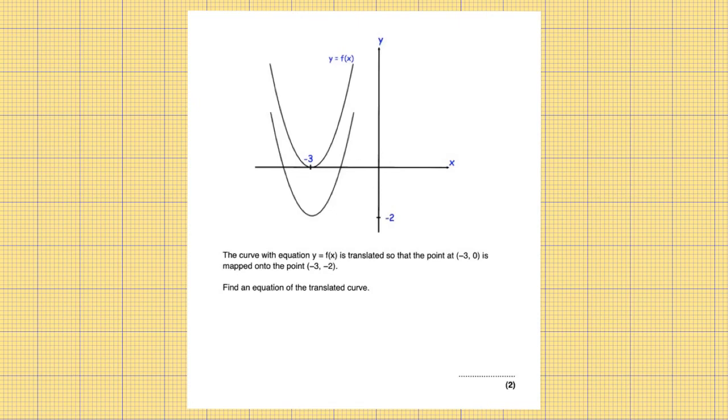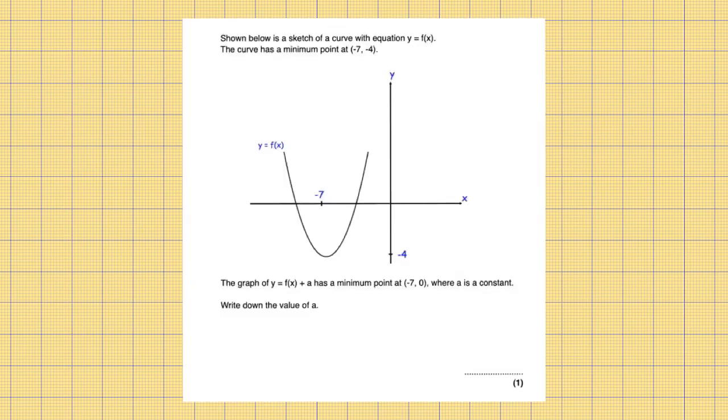The only thing that has happened to the graph is that it has been moved down 2 spaces. So the new equation for the graph would be y equals f of x. It's gone down 2 spaces, so it will be negative. So y equals f of x minus 2.